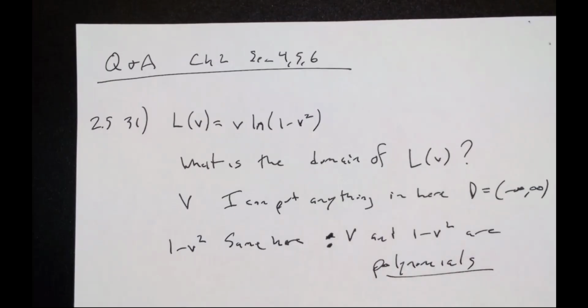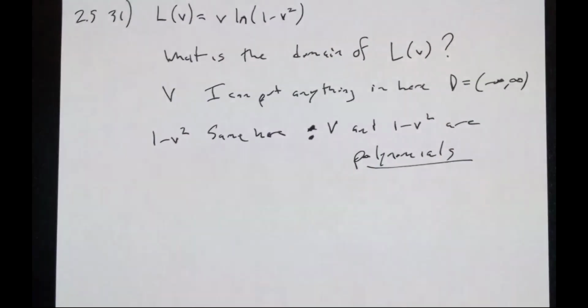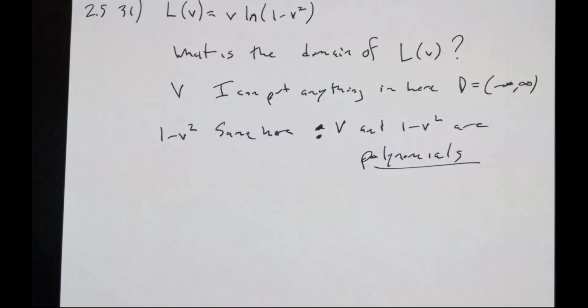As soon as I write that word down, polynomials, my brain goes, one of my theorems says something about polynomials. Which theorem says what about polynomials? 7 says what? Aha!